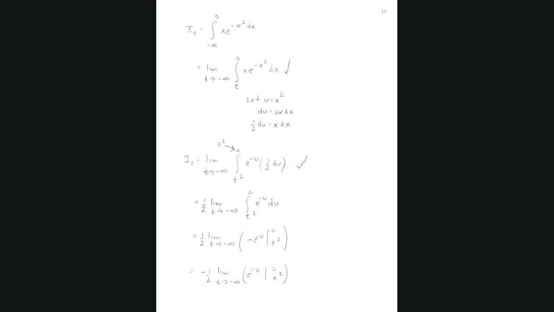Okay, are there any questions so far up to this step? All right. Well, now this is just a matter of first getting the antiderivative, which isn't hard.